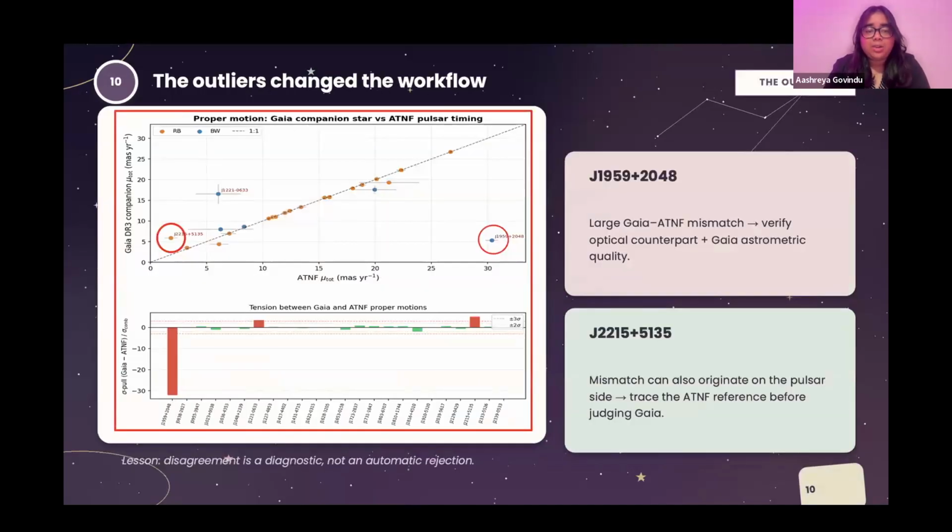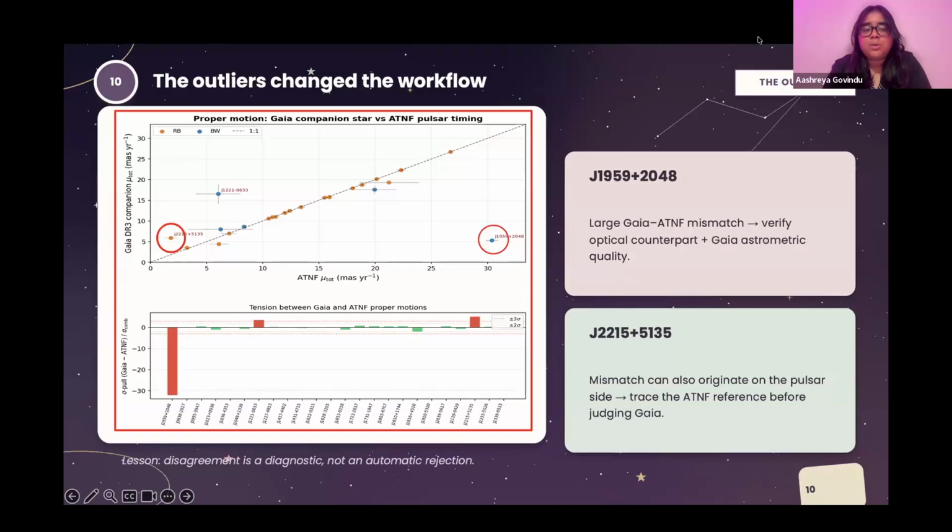So coming back to the outliers, I formally looked at 2 of them. The first being J1959, which was a mismatch on the Gaia part, as far as I could come to understand. So I have to go in and verify the optical counterpart and check the Gaia quality to make sure that maybe I looked at the wrong Gaia star or if there was a problem with the data.